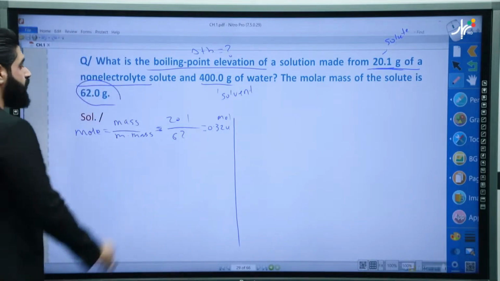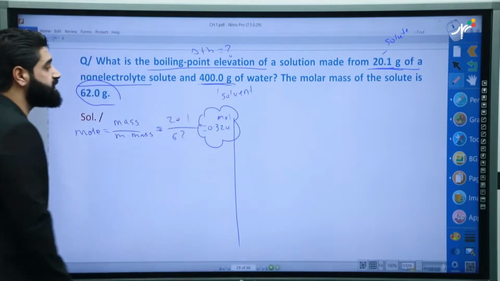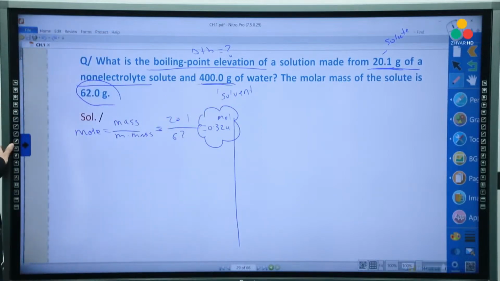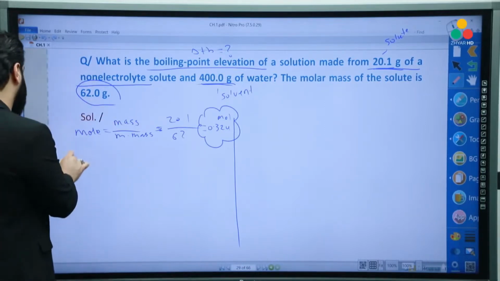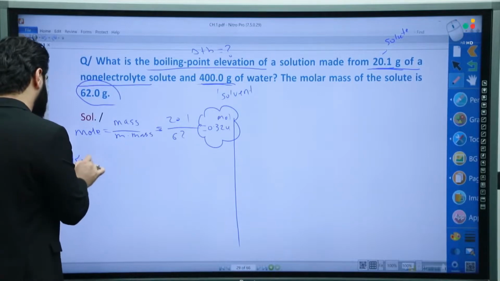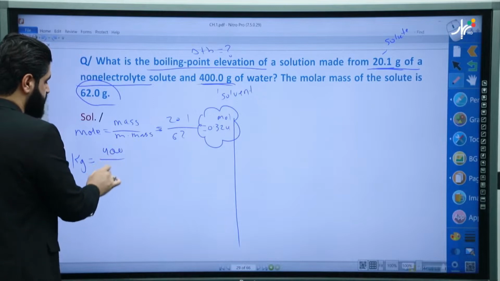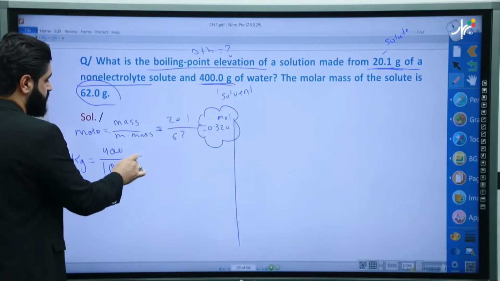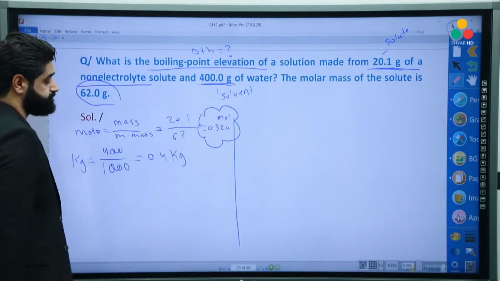And what about these grams? These grams, which is 400, is related to the solvent. That's why we have to turn it into kilogram. Kilogram equals gram, which is 400, divided by 1,000 equals 0.4 kilogram.